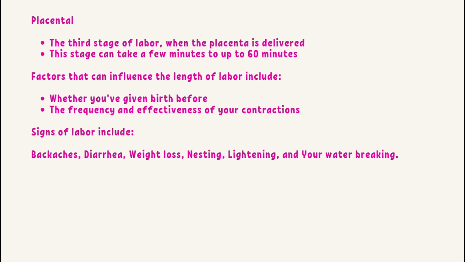So now anyways, the factors that influence the length of labor: whether the person has given birth before, or the frequency or the effectiveness of the contractions. So for example, if the contractions are bad right off the get go, bam bam bam bam, then you're going to push out the baby quick and fast.